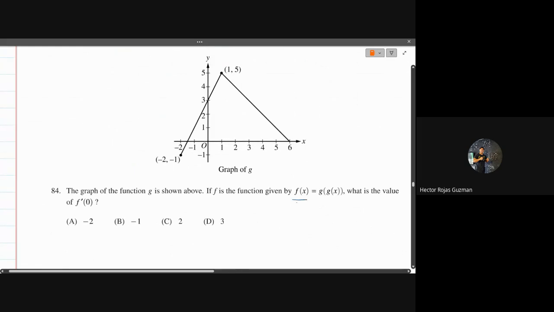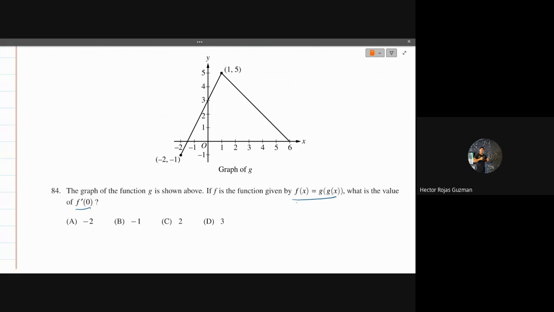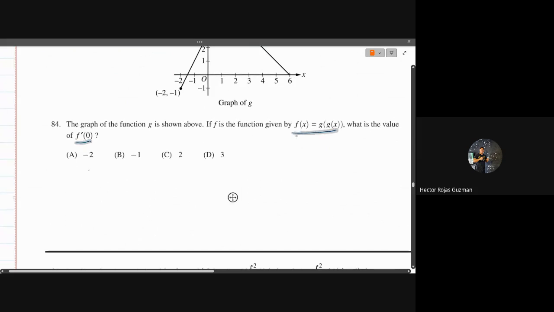Okay, we have a function, and I want to find the derivative. Seems simple enough. f prime of x equals g prime of g of x times g prime of x.